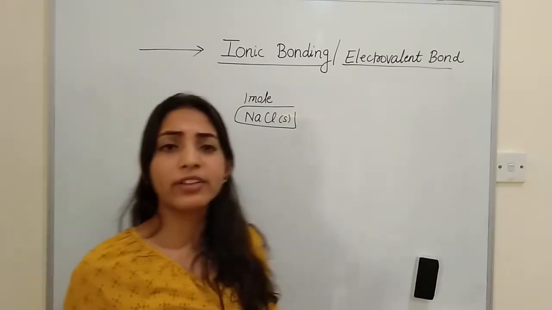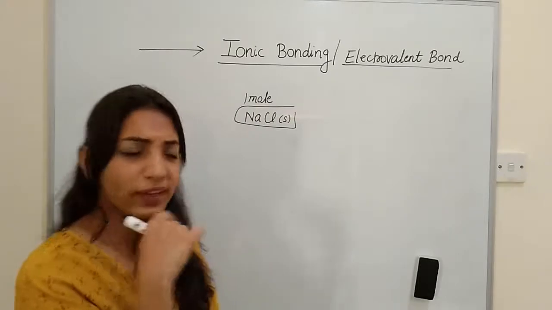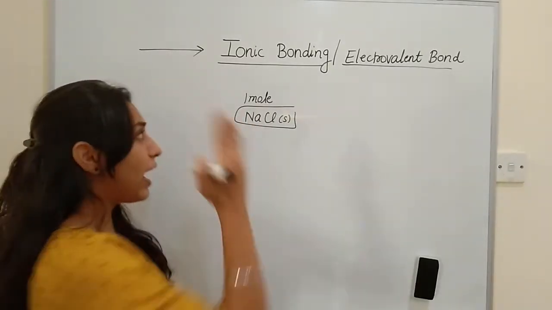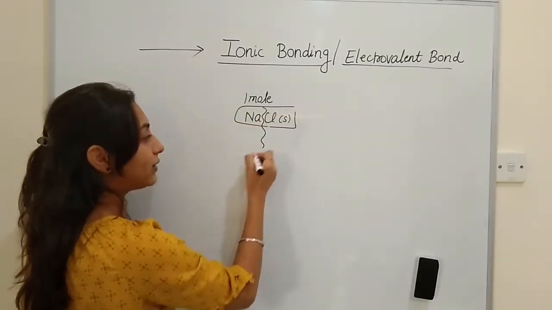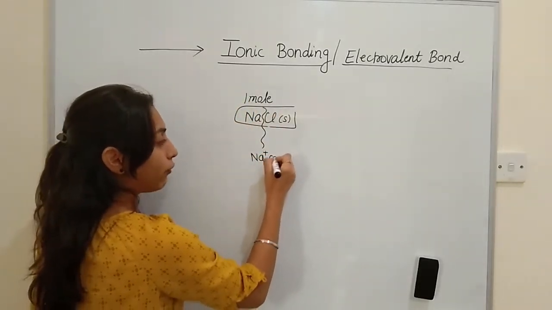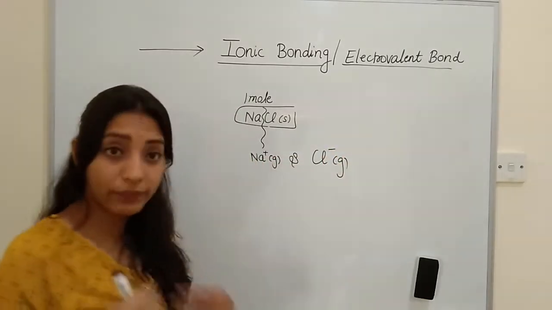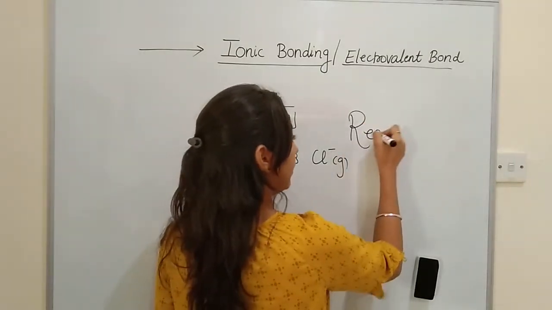Let us say 200 kilojoules of energy was released. I am just saying that. Now don't you think, if I have 1 mole of NaCl solid and I am trying to break it, and I have to break Na and Cl away to form Na plus gaseous and Cl minus gaseous, now energy won't be released, energy will be required.